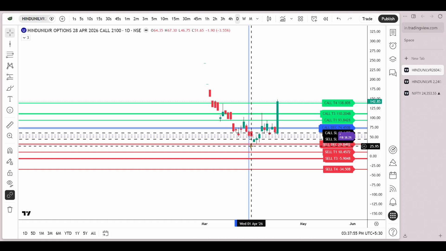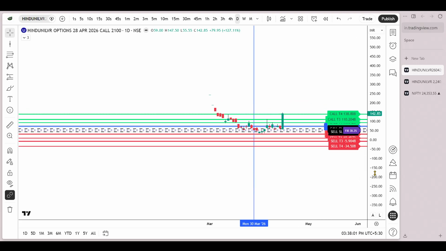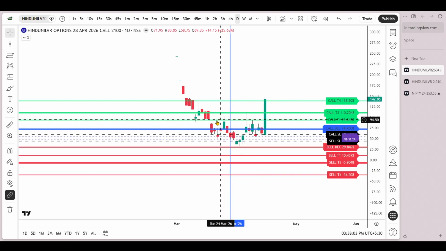I'm not telling you that you won't get stop loss hit. You may get stop loss hit, but the concept should be one. With the second concept also, whatever one concept you have, you can use a little bit of booster. That's it. Even the third is the same, a little bit of booster.